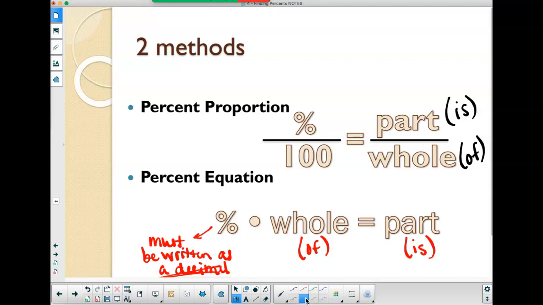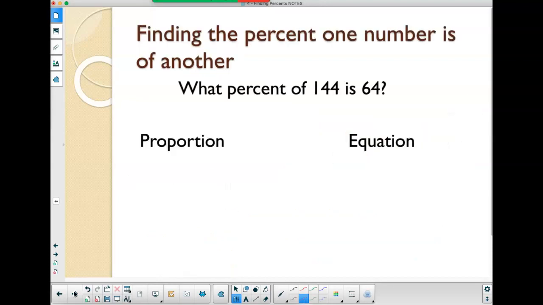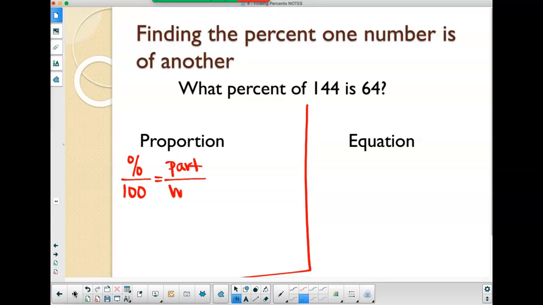Okay, so let's try this a couple of times. We're going to see problems like this. What percent of 144 is 64? Now I'm going to show you both, and then from there, you guys can decide which one you like better. The percent proportion is percent over 100 equals part over whole.